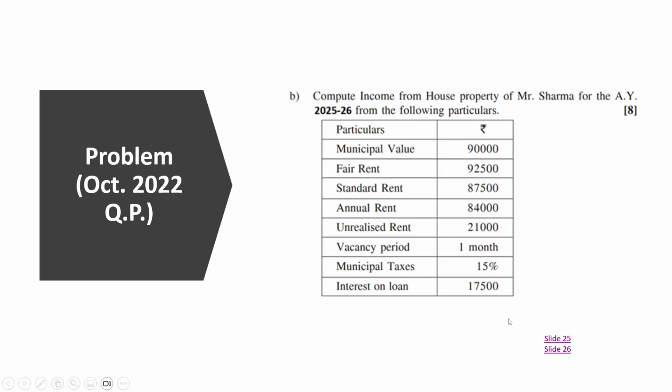So the highest from 90,000 and 92,500 is 92,500. Clear? Then in the second step, we have to compare this highest value 92,500 with the standard rent and find out the minimum of the both.